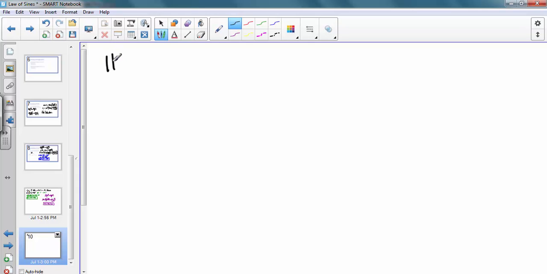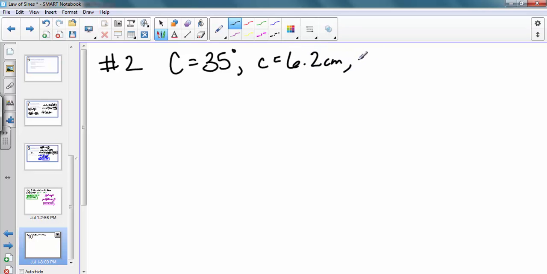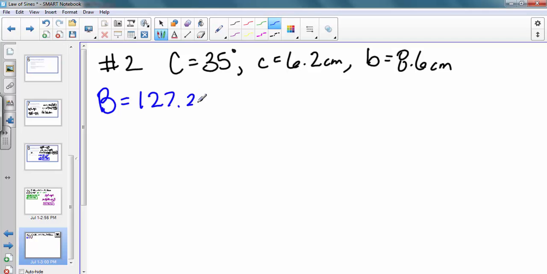And then again, I have my second solution. Rewriting everything that they gave us: 35 degrees for angle C, side C is 6.2 centimeters, side B equals 8.6 centimeters. And on that first screen, we just found that B equals 127.288 degrees.